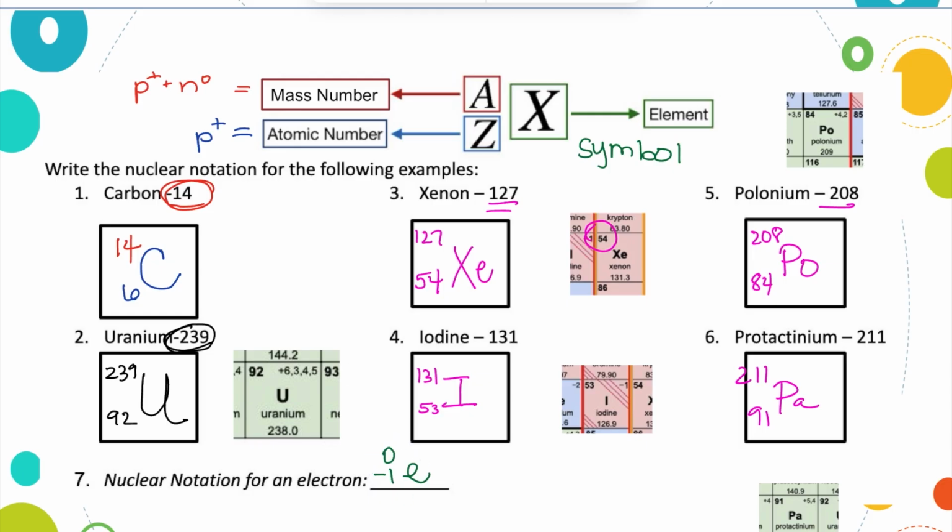And that is something that we will see, and you should have it in your previous set of notes when we were looking at beta decay. Beta decay is where an electron is released or lost. And our notation for that electron is given here, which you hopefully saw when you watched the Crash Course video.